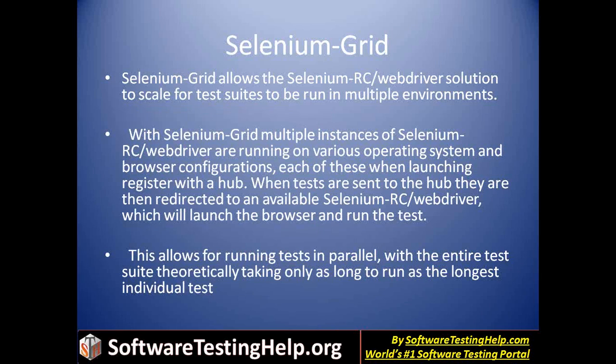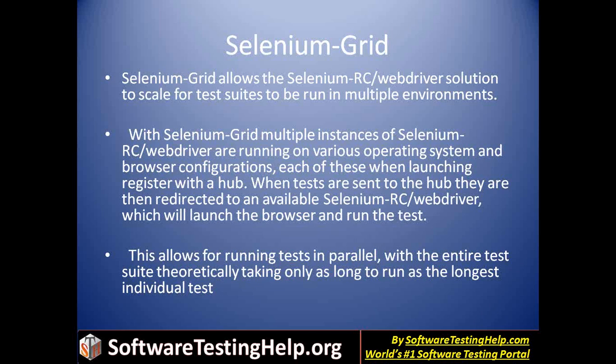So whenever the test is started, it is basically sent to the main hub. The hub checks what capabilities the test has asked for, that is, what machine and browser configuration the test requested.